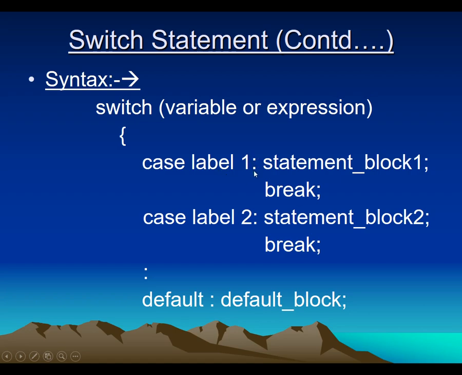Then colon is another symbol. Then we have to write statement 1 with a semicolon. That statement should be ended using the keyword called break. Same like that, case 2, case 3, case 4, and so on. If every case is false, then the default case will be executed.